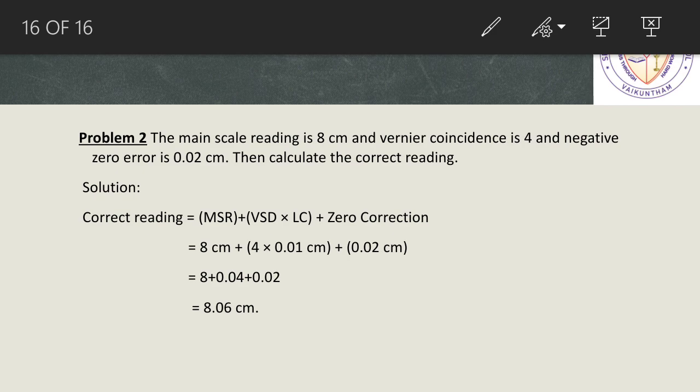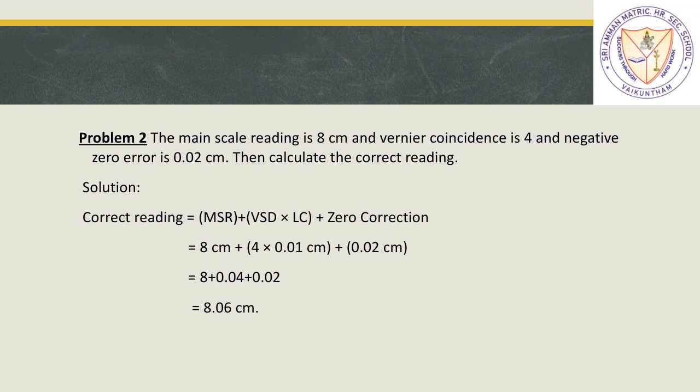So that's about the instrument vernier calipers. We have studied its description, different things like zero error and least count, and we even studied how the measurements are done using the vernier calipers and the different parts of vernier calipers.